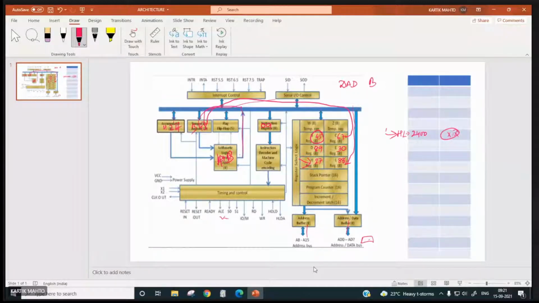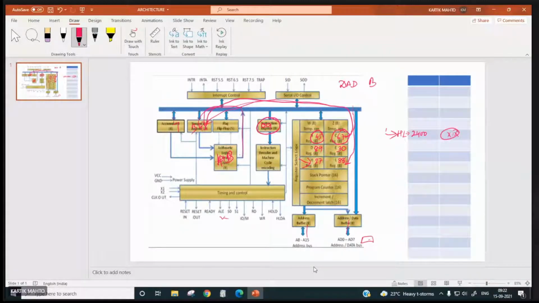Now in this process, the accumulator content should not be destroyed. So what will happen? Whenever this DAD instruction comes, of course it is double byte addition, but it will add byte by byte. So the lower byte of the C register will be copied to this.